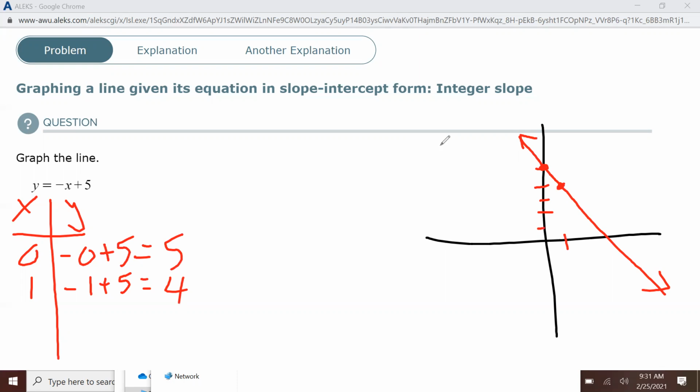However, another way of doing this that will also be of value to you in your algebra classes is to understand a little more what's going on inside this equation. First of all, this equation can be rewritten as -1 times x plus 5. Now, whatever number is being multiplied by x, that's called slope. That tells you the steepness of the graph. The other number that's being added on, that's called y-intercept.